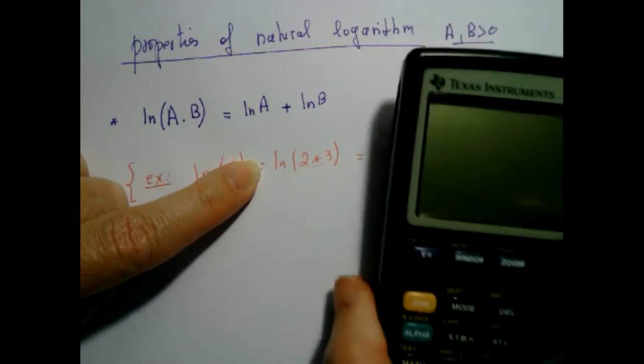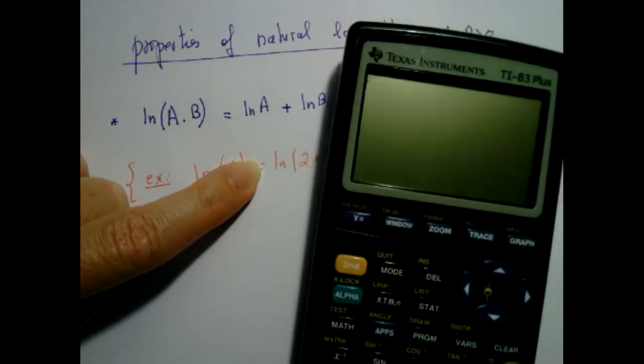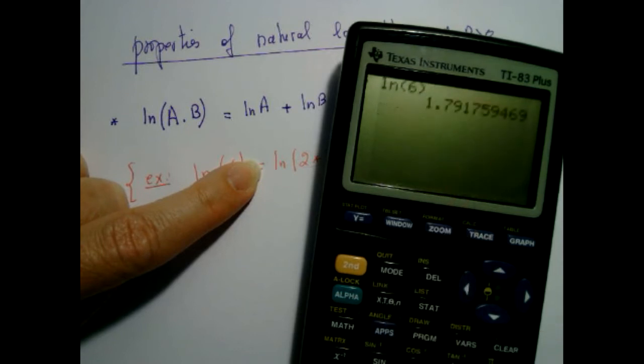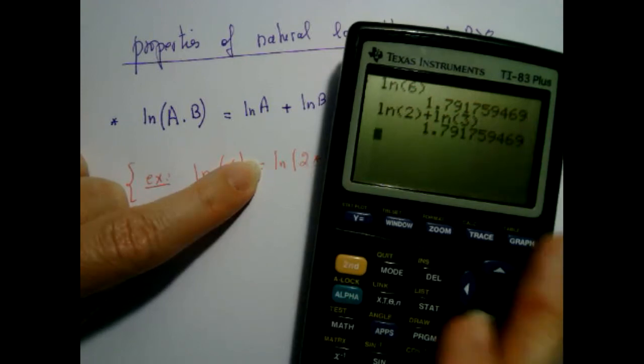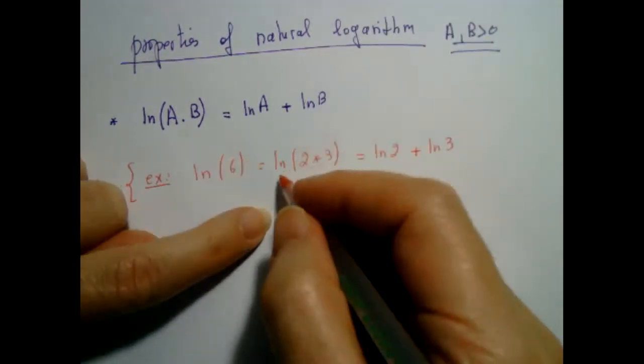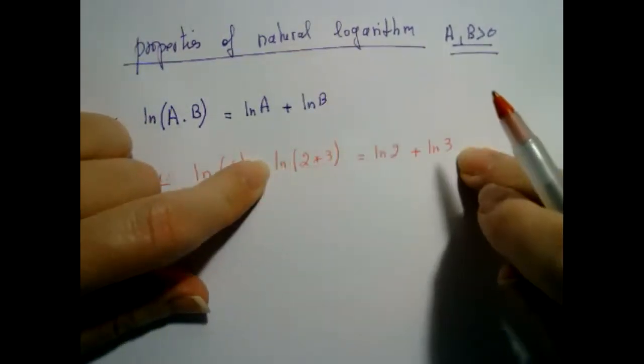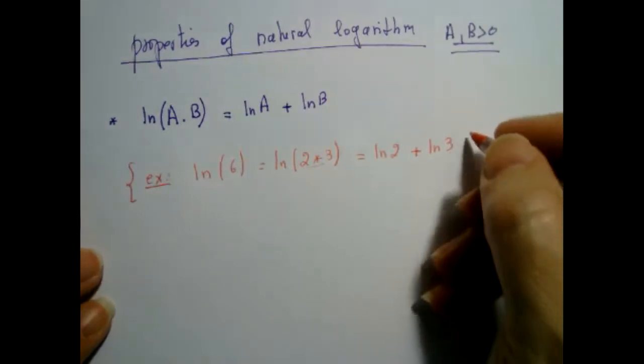So let's verify it at least on a calculator. Let me compute ln of 2 times 3, which is 6. I get 1.79. If I evaluate ln of 2 plus the ln of 3, I get 1.79. So that's really what it's telling me. If I have a product inside, then it becomes a sum.